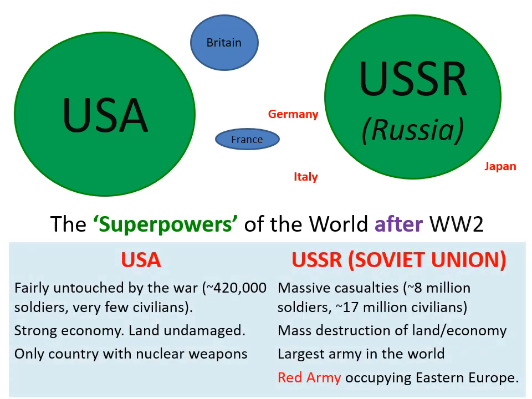So America, weirdly, is kind of untouched by the war. I know that sounds weird because right after that it says 420,000 soldiers are killed or wounded. Very few civilians are killed or wounded, less than 1,000 easily. America's land is pretty much undamaged compared to other countries, and its economy is fantastic.